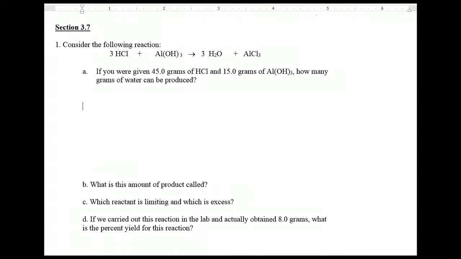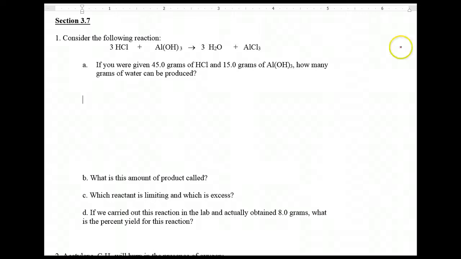Consider the following reaction: 3 HCl plus Al(OH)3 yields 3 H2O and AlCl3. Letter A says, if you were given 45 grams of HCl and 15 grams of aluminum hydroxide, how many grams of water can be produced? One thing to notice, as we discussed, is that there are 2 given pieces of information, 2 numbers or 2 A's from your stoichiometry diagram.